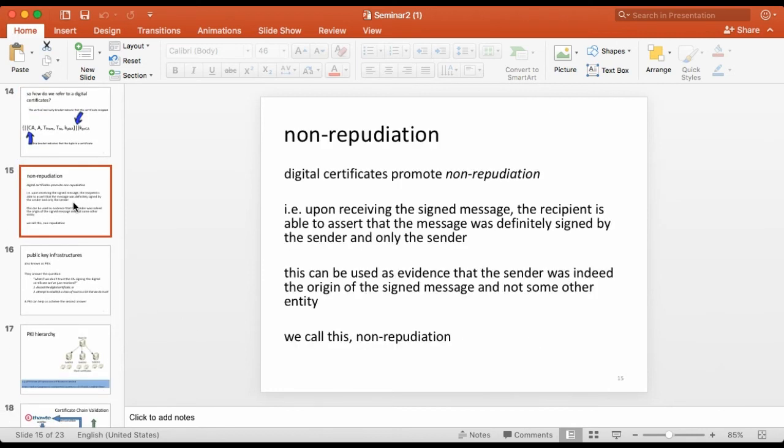Now that again promotes what we call non-repudiation, or the inability to deny that a subject signed something.